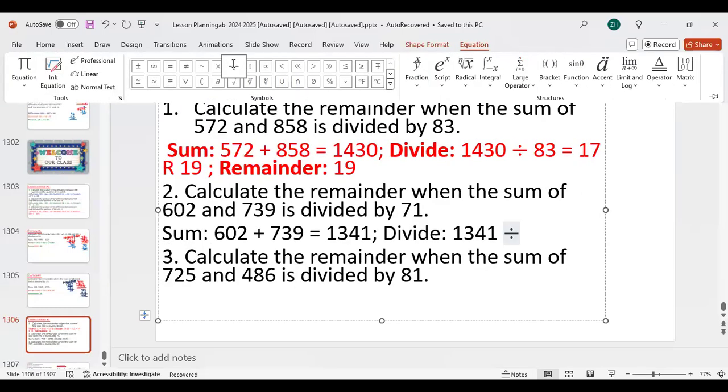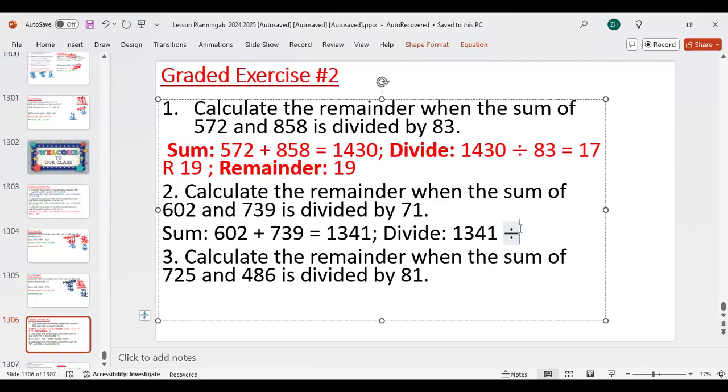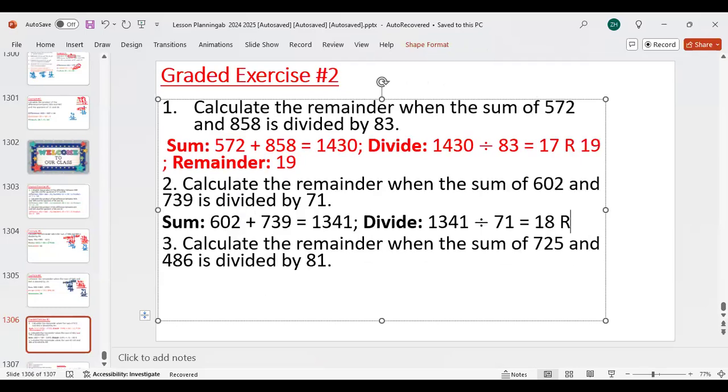By 71. So 1341 divided by 71. That's going to give us what? What do I get when y'all divide it? 18, remainder 63. I got 18. What did y'all get as a remainder?